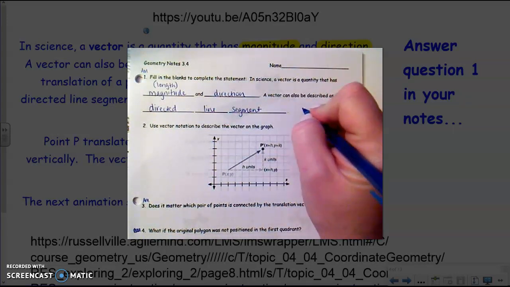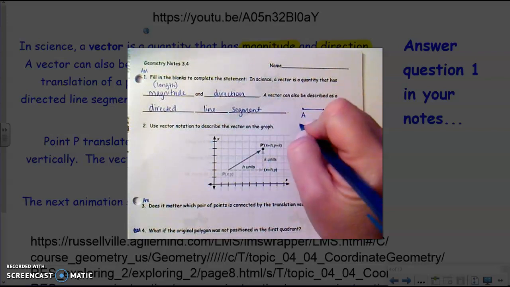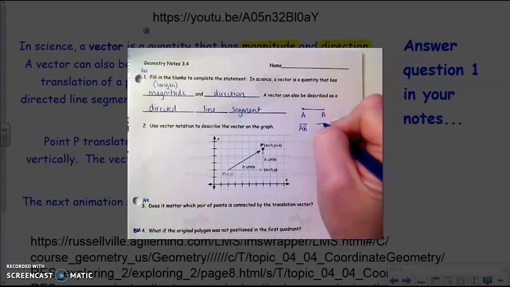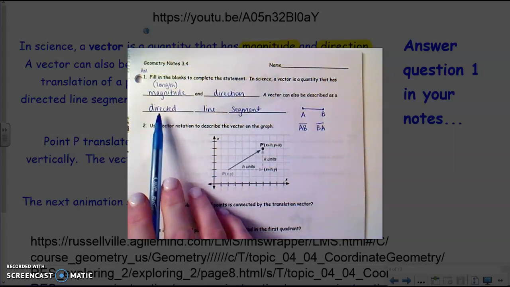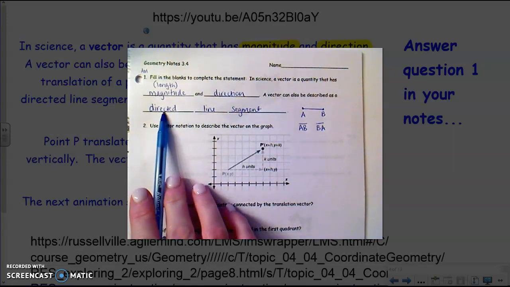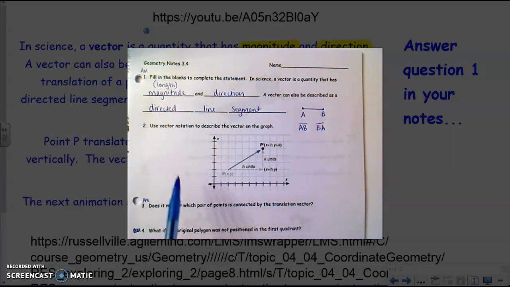So like if I draw segment AB, remember we can name that segment AB or segment BA because the direction doesn't matter at all. It's just this certain length that we're interested in with that segment. But a vector, on the other hand, has a direction that it's going in as well as that certain distance that it's traveling.